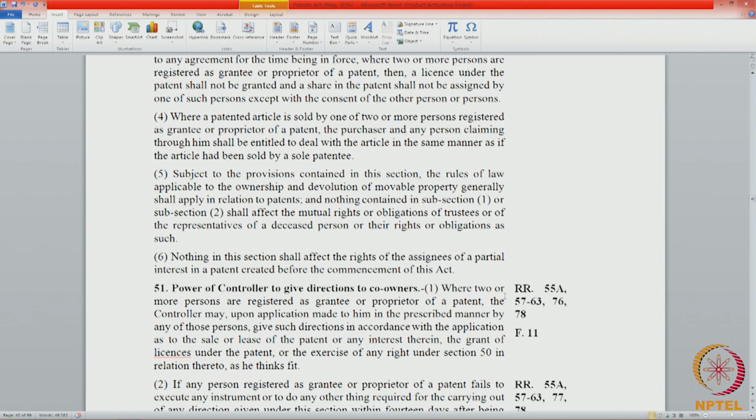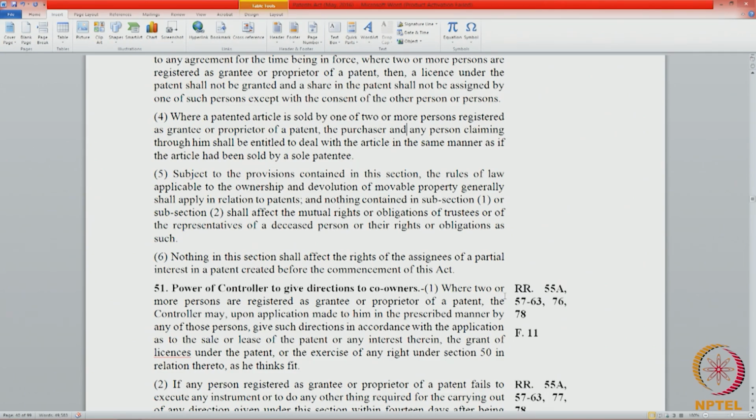Now, just because a purchaser bought the patented article from A, it would be as if he had bought it from a sole patentee. So, if A acts as an owner of a patent and the purchaser does not deal with B and C, it will be as if A, B and C had together sold the patented article to the purchaser. Now, this incorporates the principle of agency.